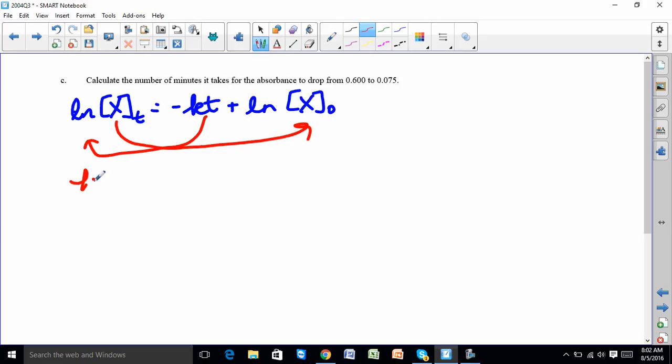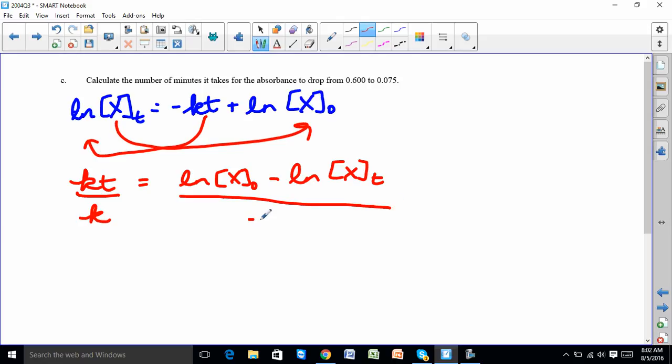And so positive kt is equal to the natural log of x sub 0 minus the natural log of x sub t. And then if we want to solve for time, we have to divide both sides by k.